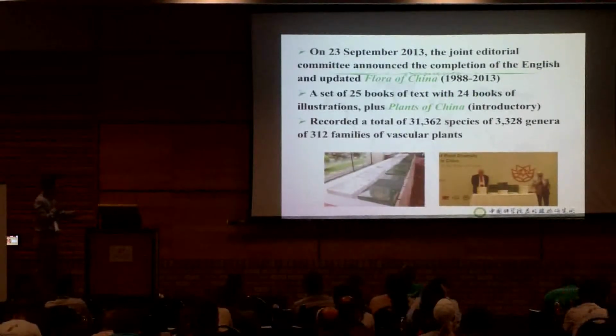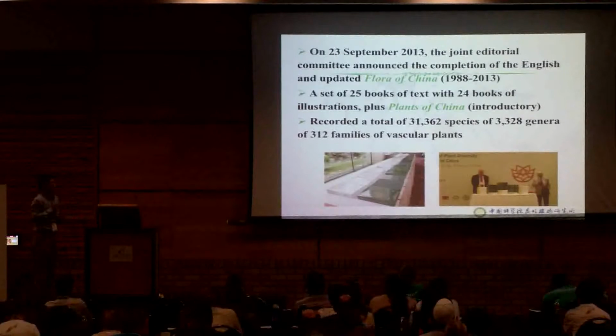The number is almost the same, 31,000, but the content is enormously different, because a lot of synonyms were resolved and a lot of new records and new species were discovered by looking at international herbarium specimens and doing more fieldwork.